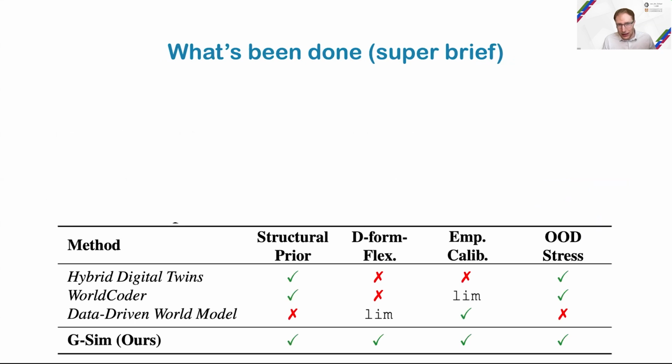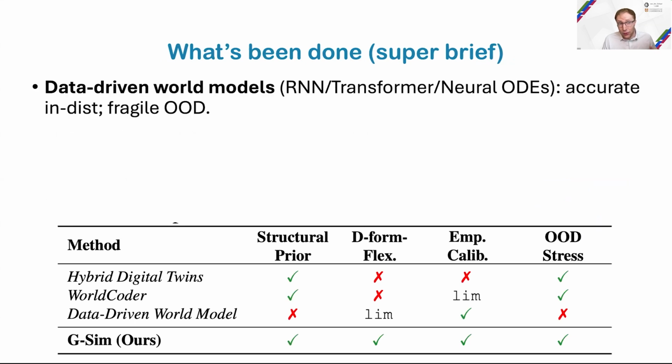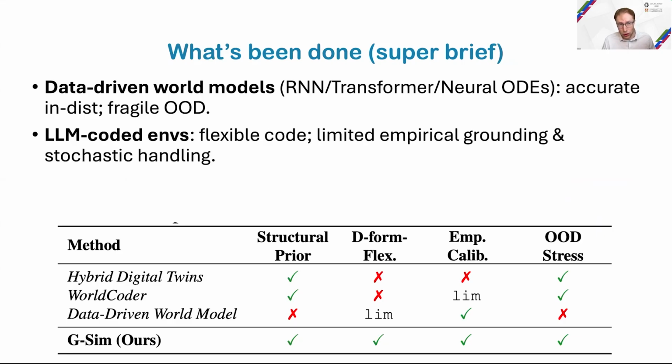So for example, what's been done previously, we normally had data-driven world models, for example neural network models, recurrent neural networks, transformers, neural ODEs, and these are really accurate within distribution, but struggle to extrapolate out of distribution. Then we also had LLMs coding environments, so flexible code.